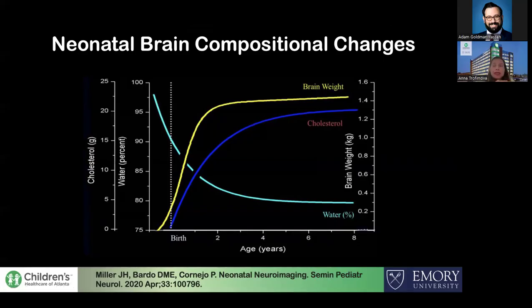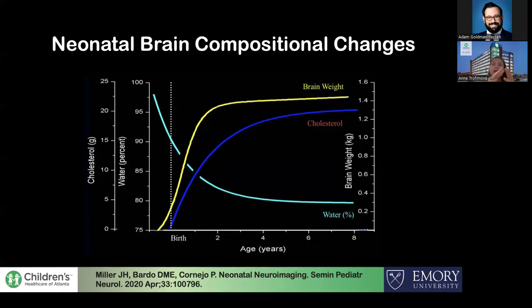Then, as the neonatal brain progresses towards term, you can see that this dotted line represents the point of birth. There will be very rapid changes in the water content within the brain, dropping approximately 15 to 20% by the time of a term birth, with an associated rapid increase in brain structural components, such as cholesterol, depicted in the dark blue line, or others such as galactocerebrosides.